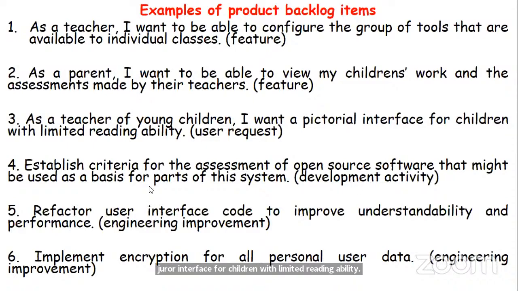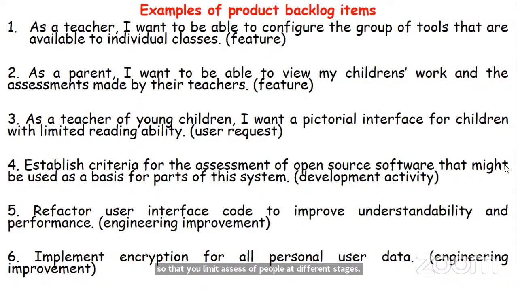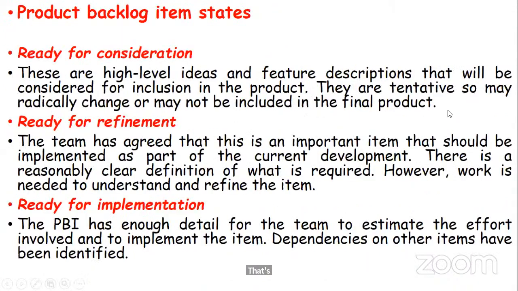Then the other one, establish criteria for assessment of open source software that may be used as a basis for parts of this system, development system. That's what is required here. Then refactor user interface code to improve understandability and performance. That's an engineering improvement. Then also implement encryption for all personal users so that you limit access of people at different stages. That's still a form of engineering improvement.